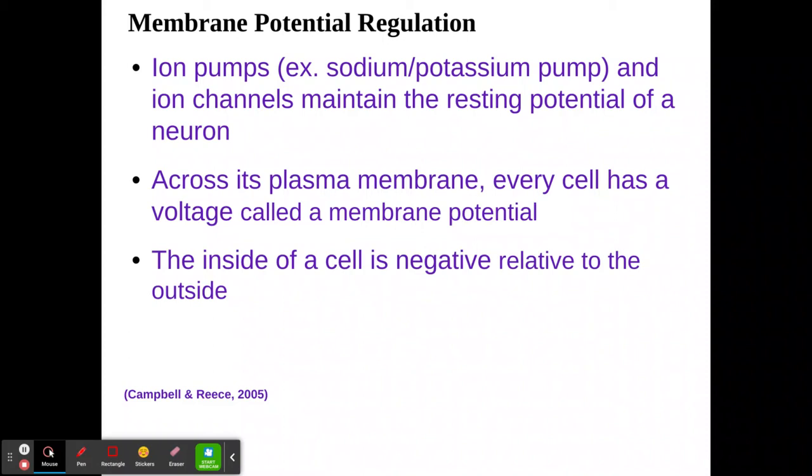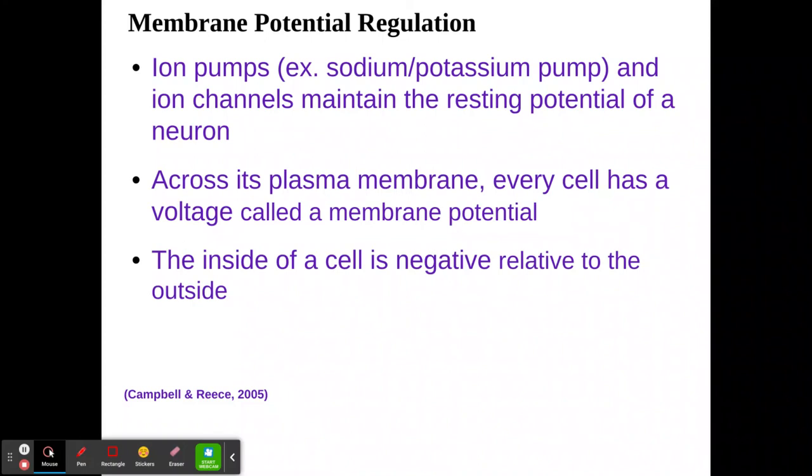Across the plasma membrane, each cell has a voltage, and we call that voltage membrane potential. I like to remind my students that this membrane potential is measured inside the cell, and that'll become important when we show ion movement. The inside of a cell is negative.